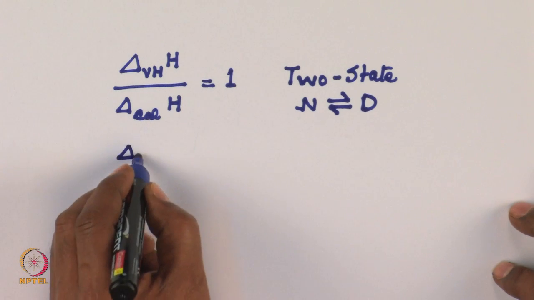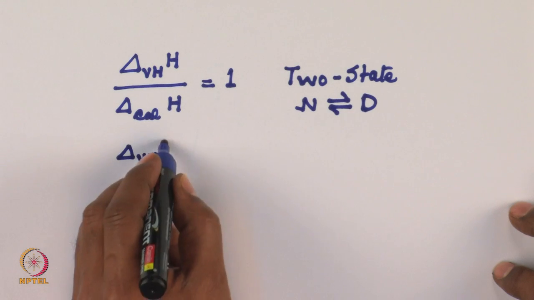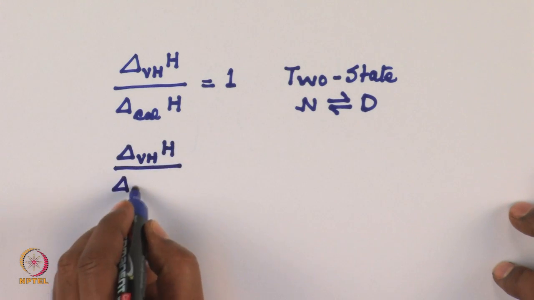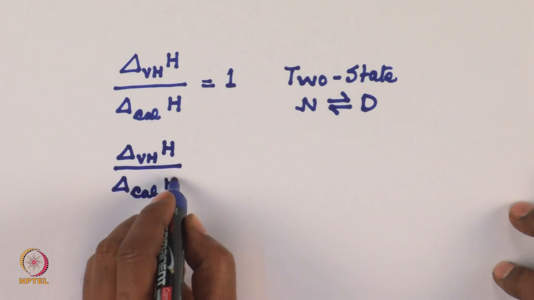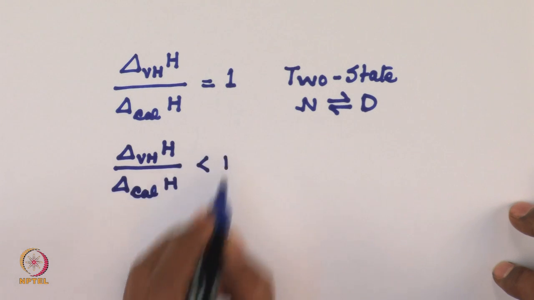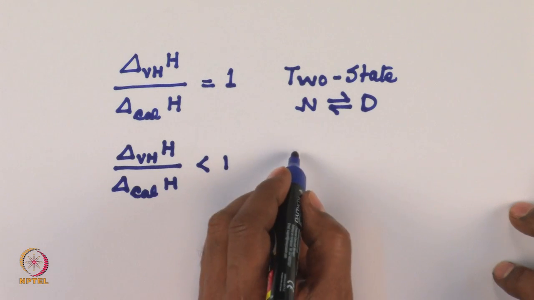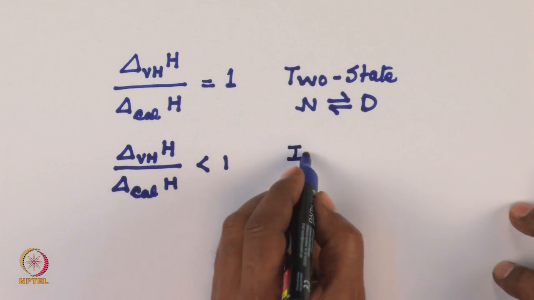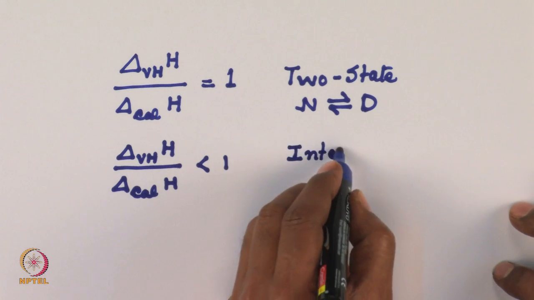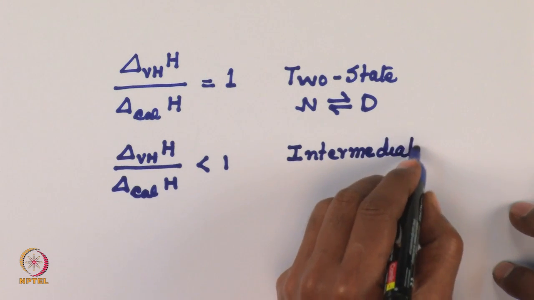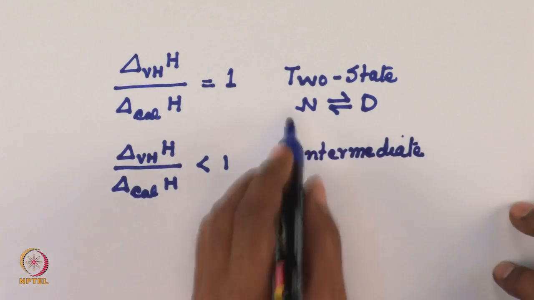If Van Hoff enthalpy over calorimetric enthalpy is less than 1, that means there are intermediates in the unfolding process.